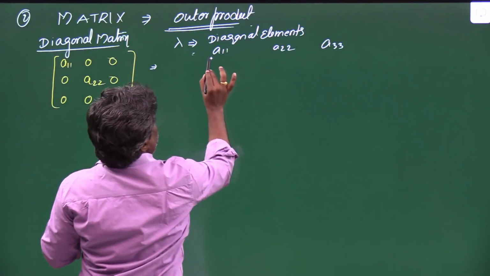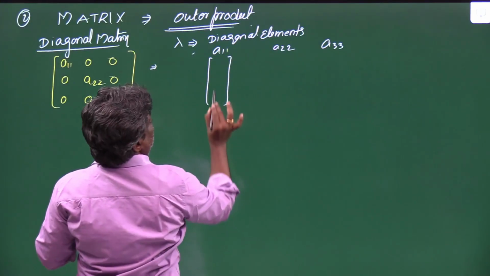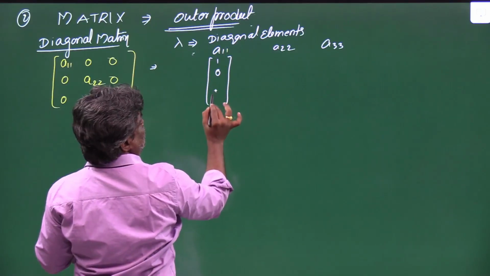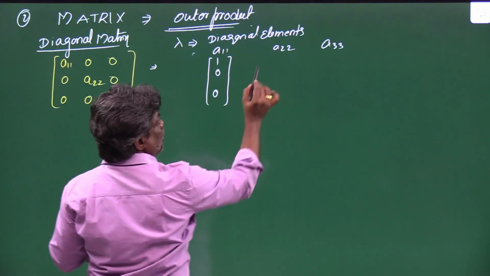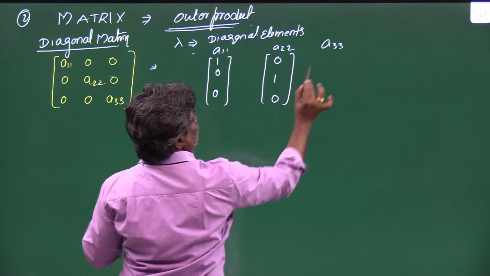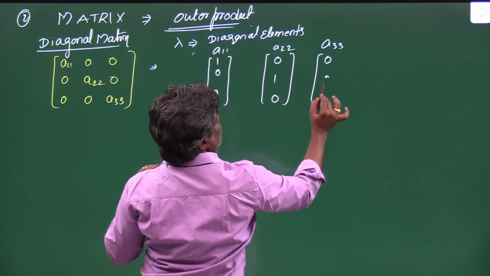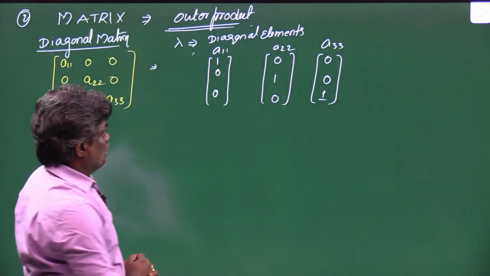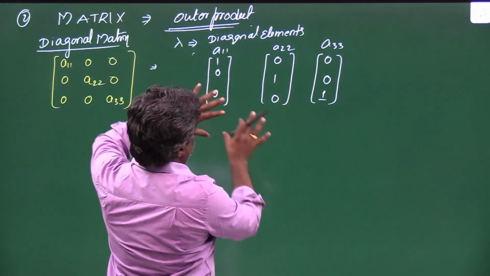If you find the corresponding eigenvector of A11, you will get this. Am I right? A22 eigenvector 0, 1, 0. A33, 0, 0, 1. This is what I told you in my other lectures.